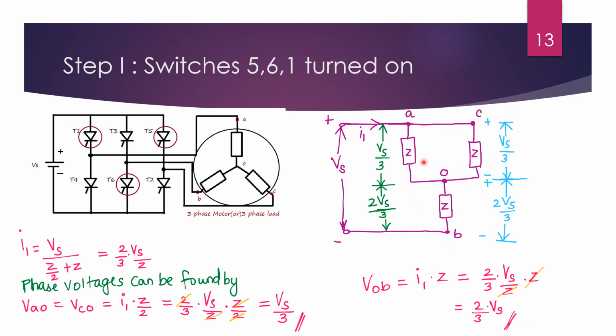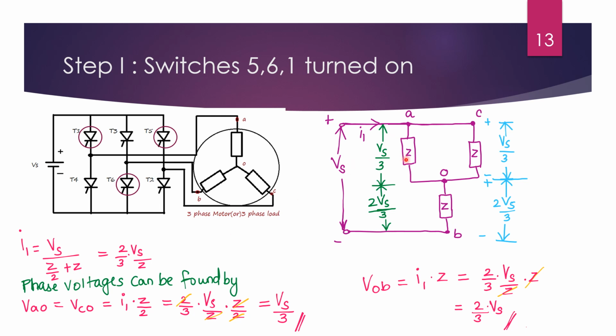So the load current is nothing but I1. The voltage source is Vs. To observe the voltage across each particular phase, it is easy for us to calculate by Ohm's law, which is I1 equal to V by R. Here R is nothing but the total impedance.